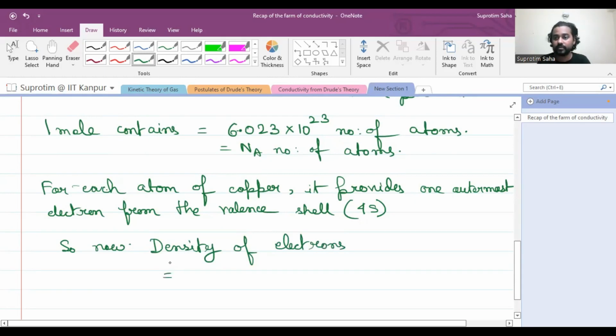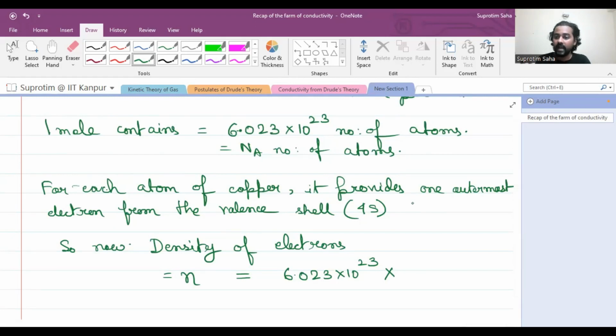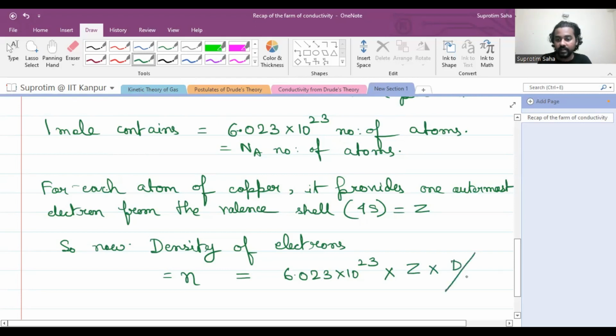We are calculating this for the case of copper. n is given by 6.023 into 10 raised to 23 into Z. For each atom of copper, it provides one outermost electron from the valence shell, and this is denoted by Z. So this is Z times the density of copper divided by the atomic mass.